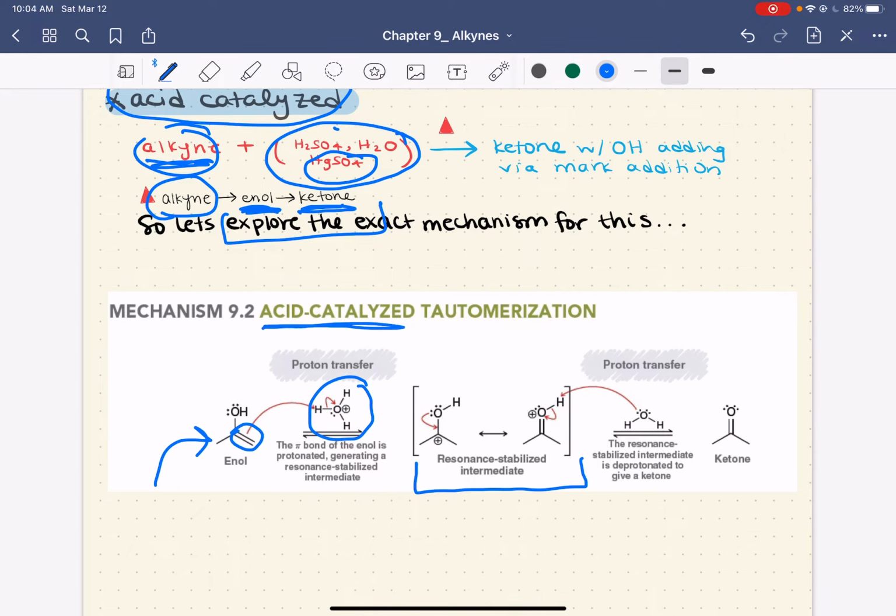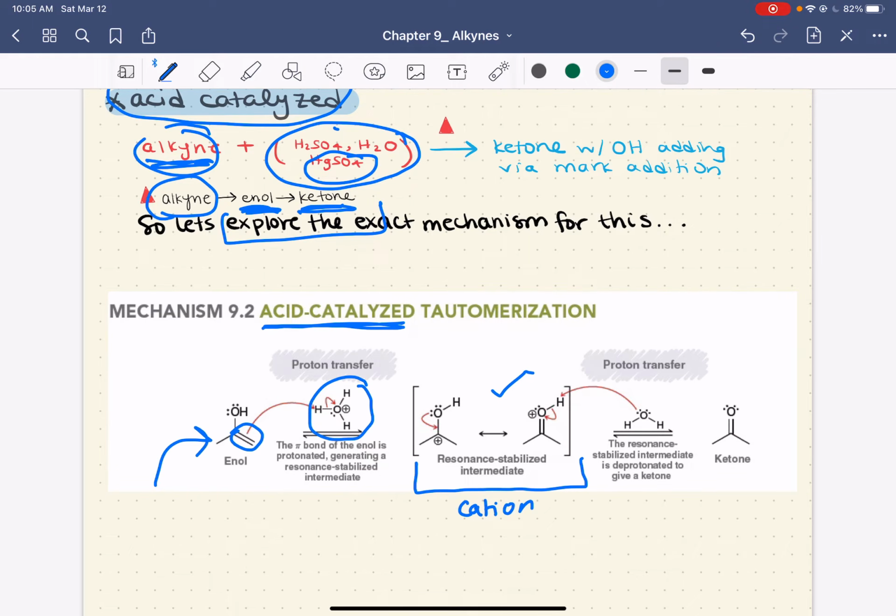Now, we've talked about this. This is acid catalyzed, so that means your resonance stabilized intermediate is going to be a resonance stabilized cation intermediate. This checks out. Look at this mechanism. We're forming this resonance stabilized intermediate that has this positive charge.